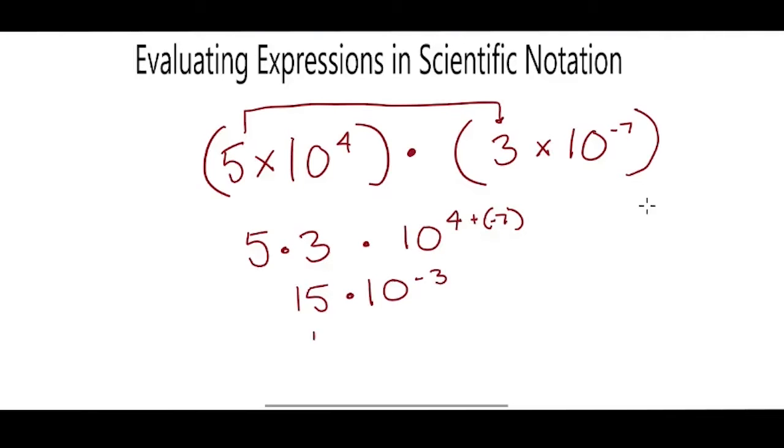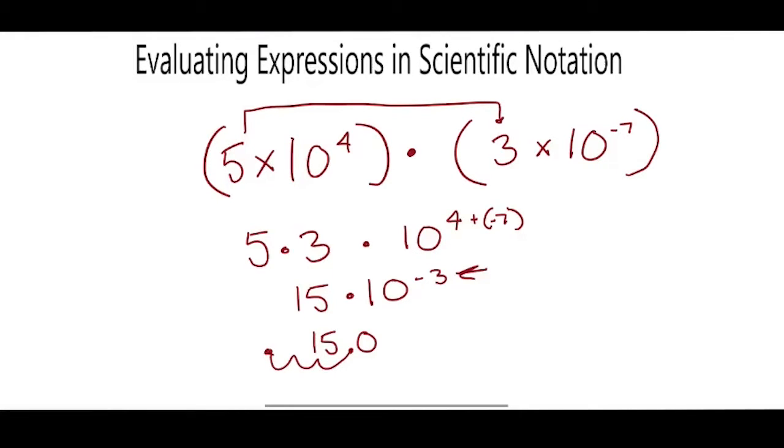Well, if I have 15.0, which is the same as 15, and I am multiplying it by 10 to the negative 3rd power, well, negative on the number line would be moving to the left. So I will move my decimal point 3 places to the left. 1, 2, 3.